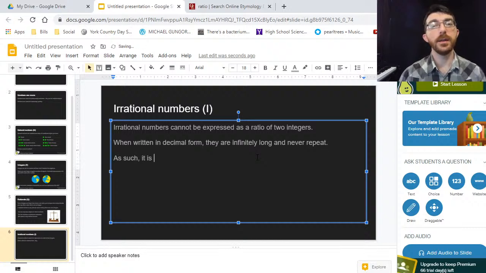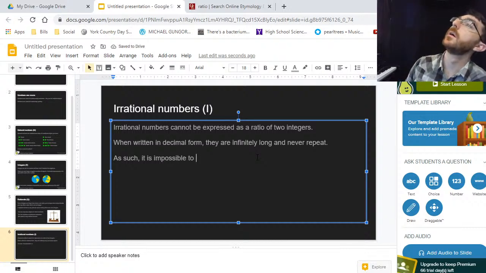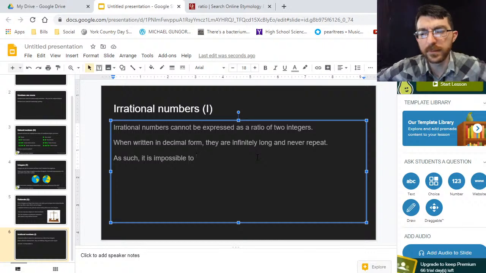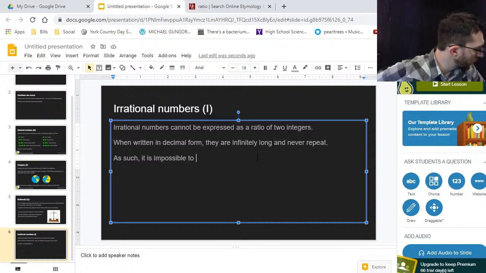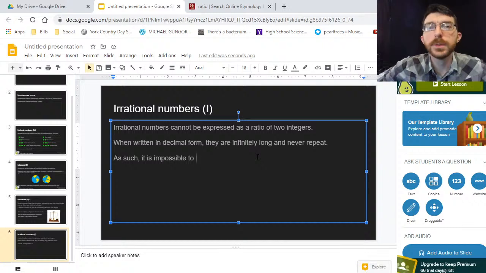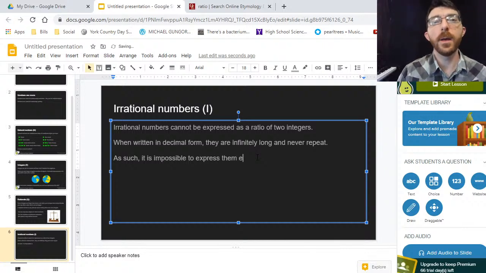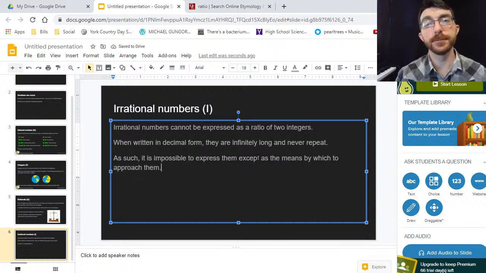As such, it is impossible to locate them on the number line. It's like they don't really have an address. As such, it is impossible to express them except as the means by which to approach them.